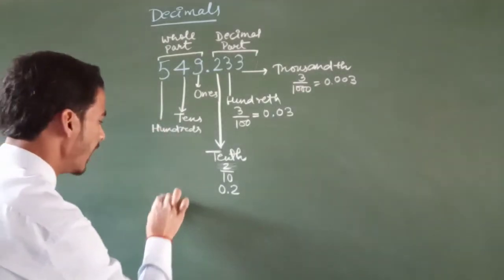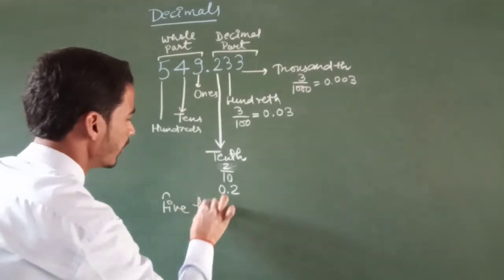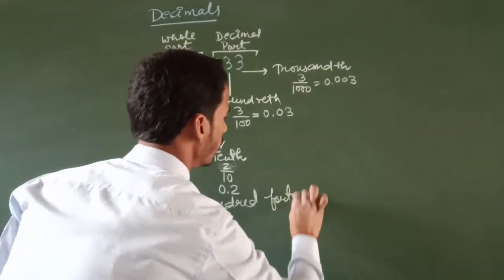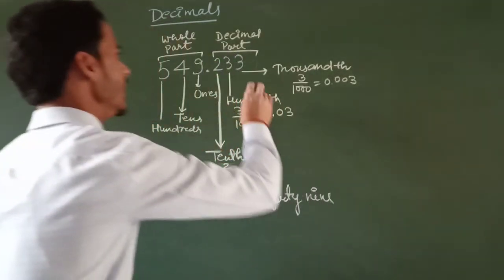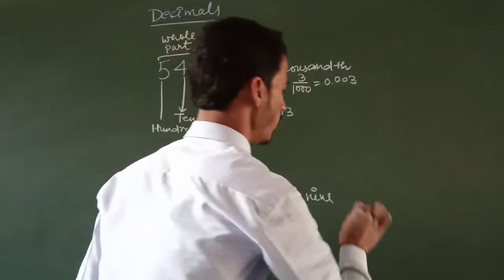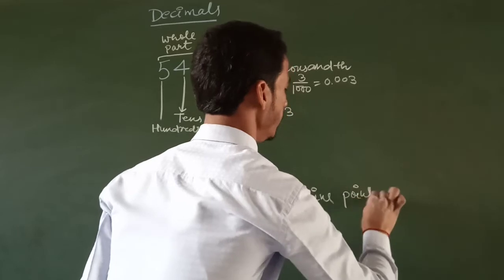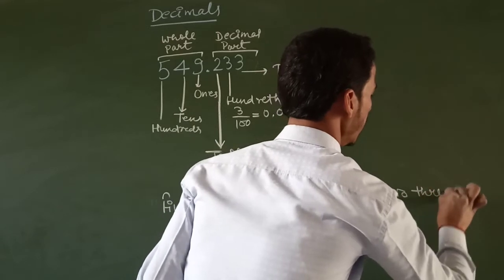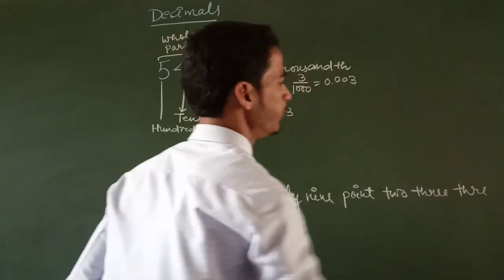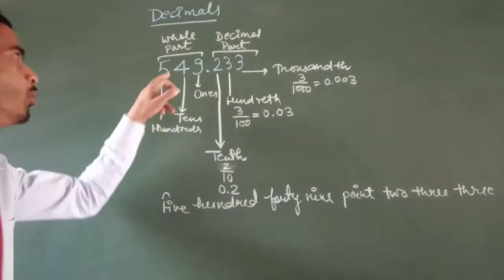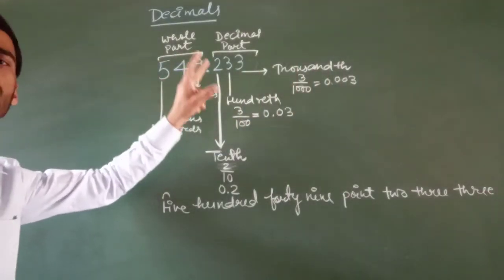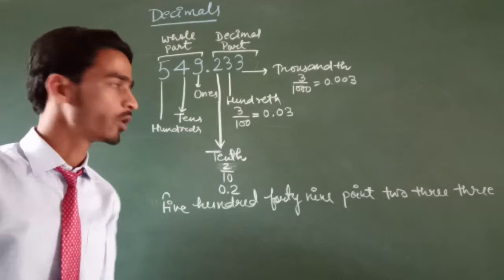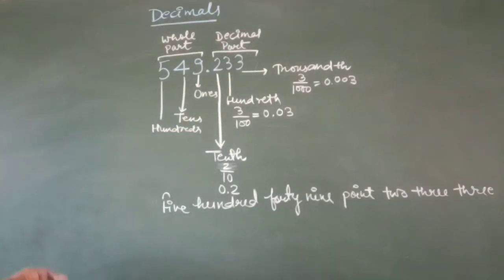We have to write 549, then we say decimal or point, and then 233. Okay, this is how you have to say 549.233 in words.